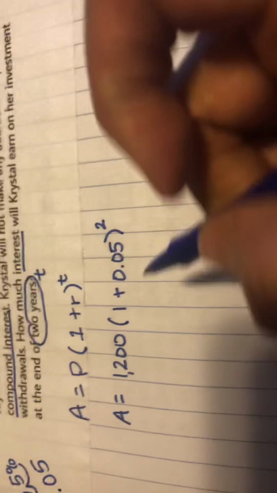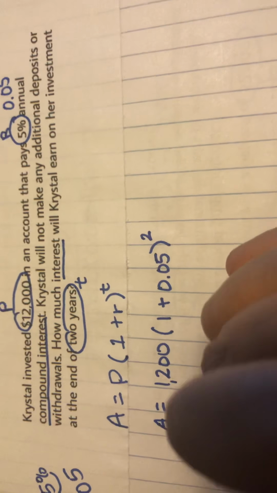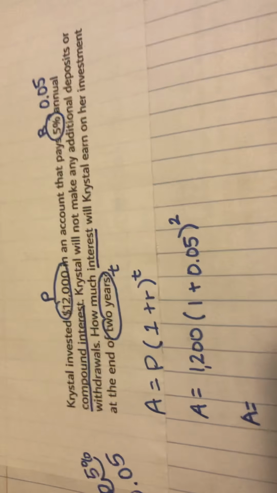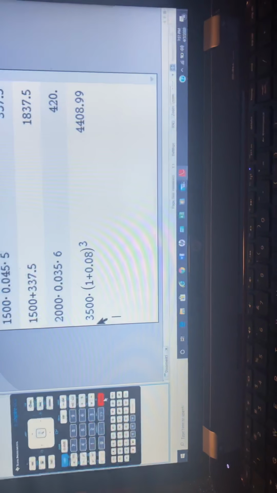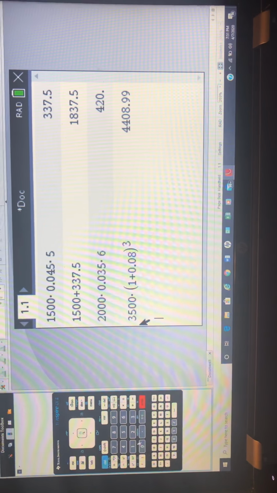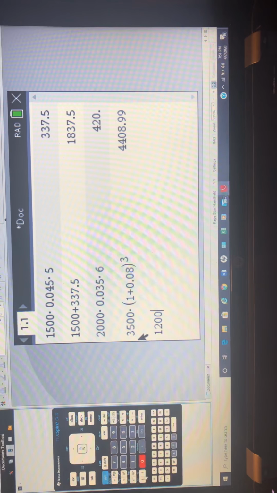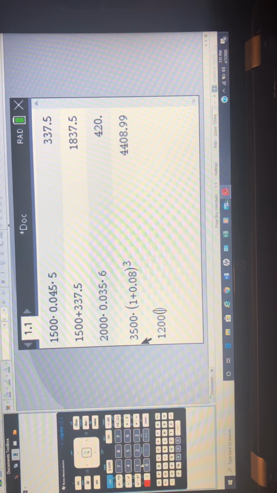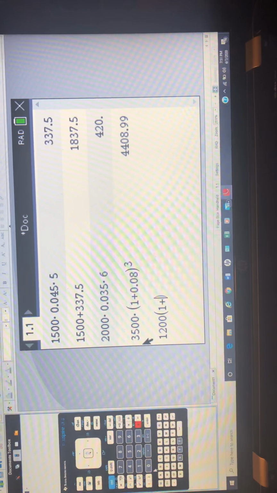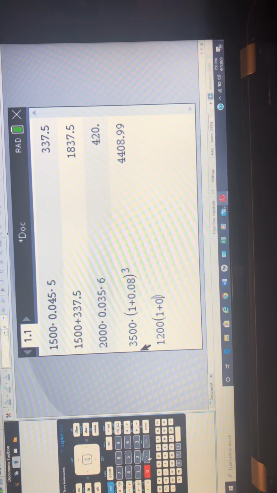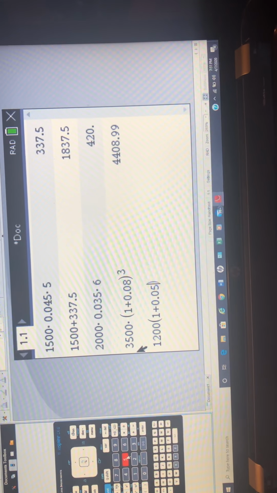Okay, so in this case, we do have a calculator. I have a calculator on my computer, and I'm going to show you what that looks like. So let's come back over here. All right, so I'm going to put this in, 1,200. And again, open my parentheses. 1 plus 0.05.